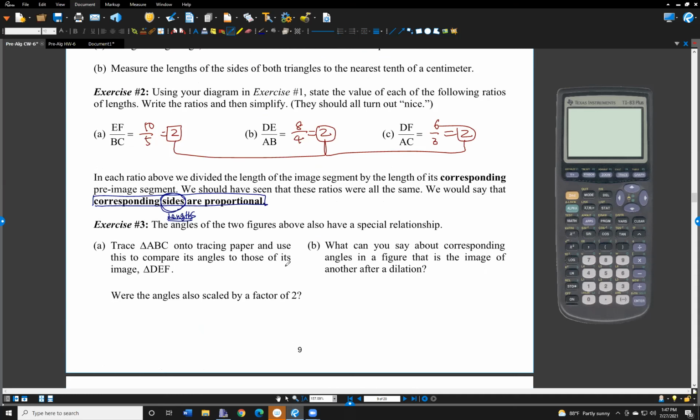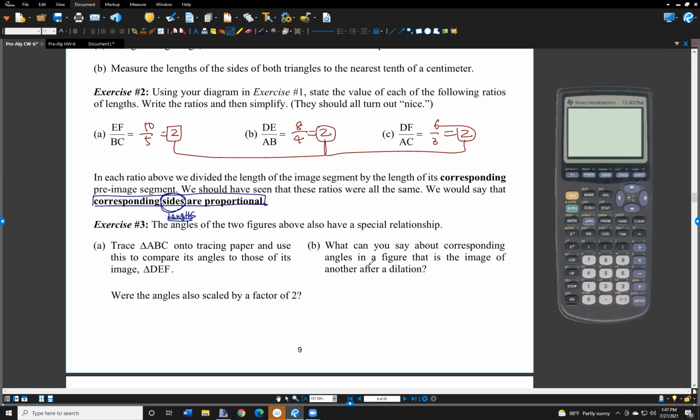Angle compared to angle is what? Angle DF. You can trace it, right? You can use a protractor to measure the angle, but they are equal, isn't it? So what can you say about the corresponding angles? Angles are not changed.